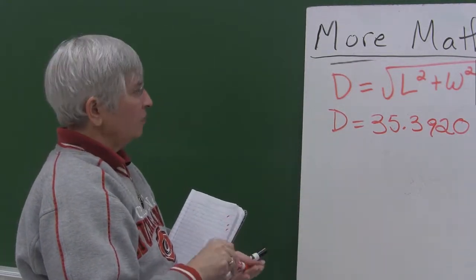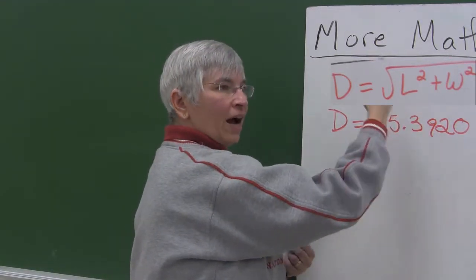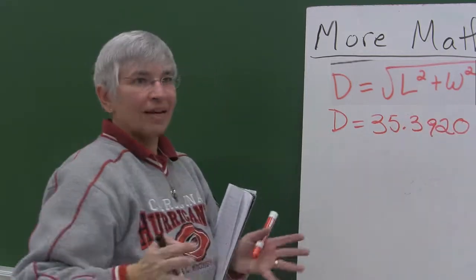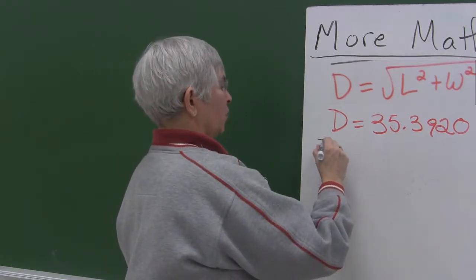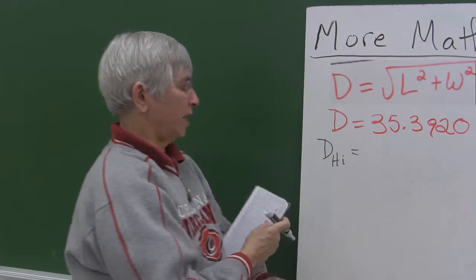I would look at the highest value, because it doesn't take much to look at. If I square L high, then I'm going to get a big value. If I do the same thing for the width and then add them, I'm going to get the biggest value possible before I take the square root. So if I use the high value everywhere here, I'm going to get the highest value for the diagonal.